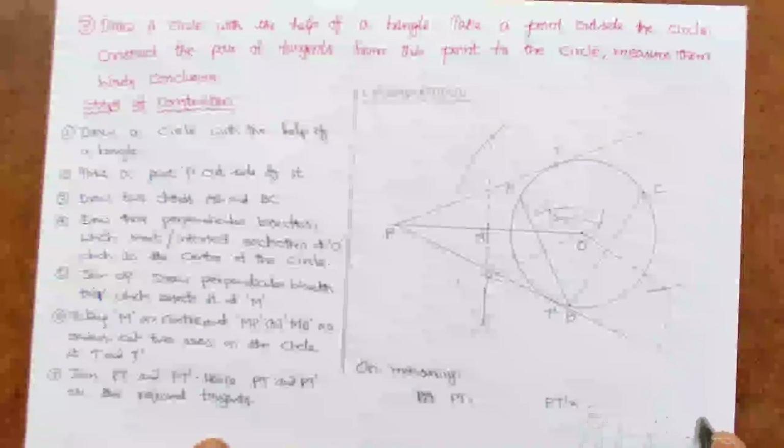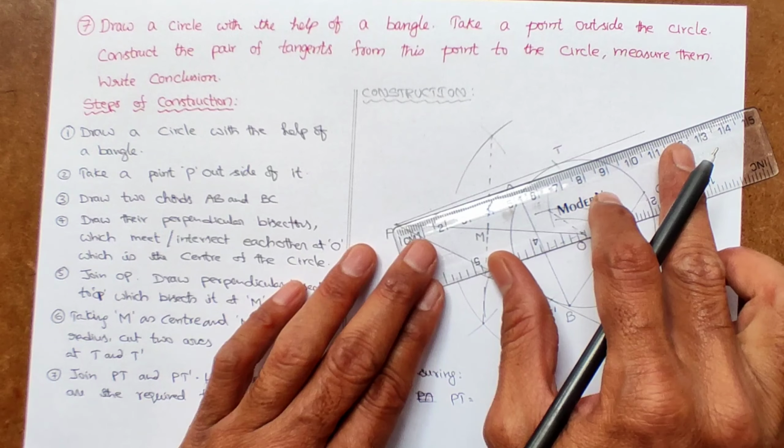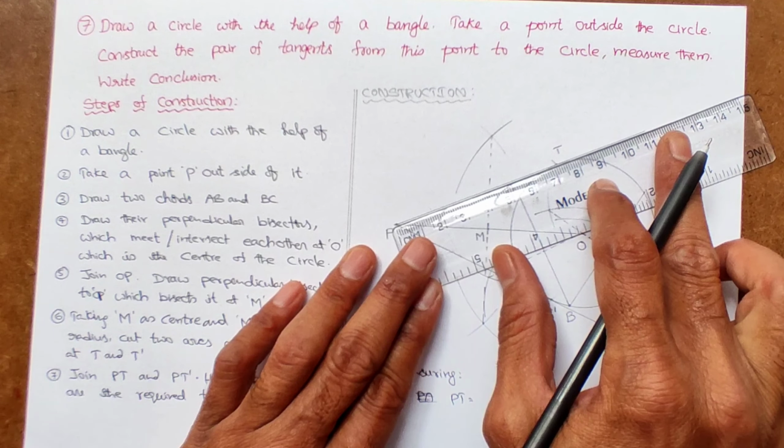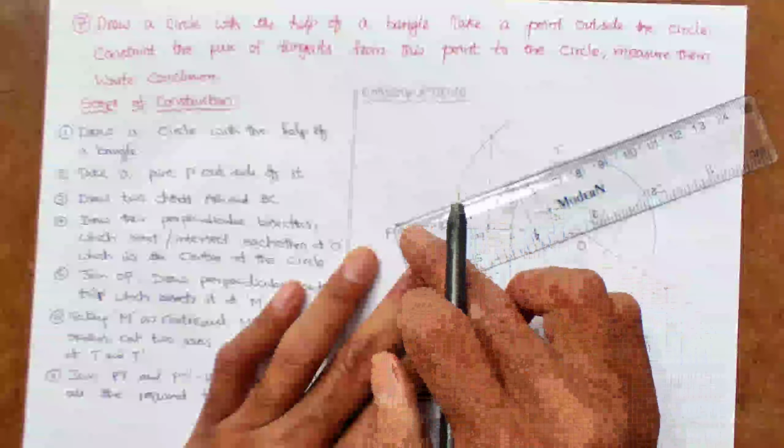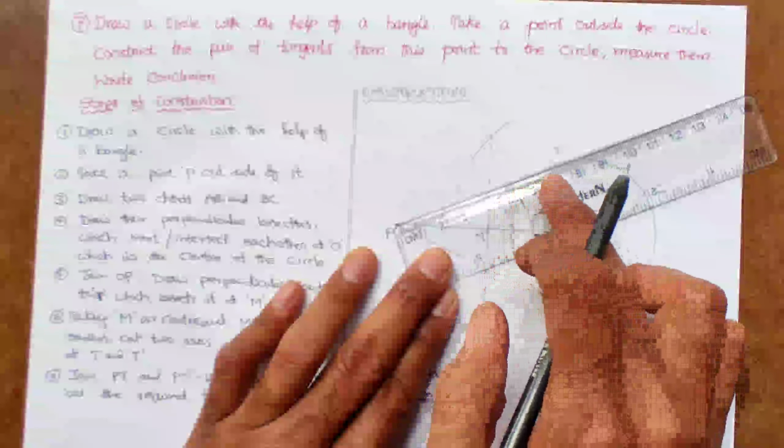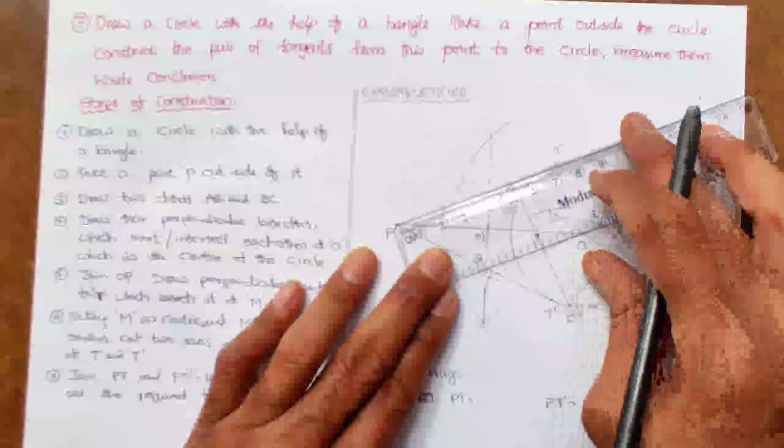Let us measure now. Let us measure PT first. From P to T, you just observe carefully. Here it is 7.1. Observe here: 1, 2, 3, 4, 5, 6, 7, and after 7, 1 mm, so 7.1.